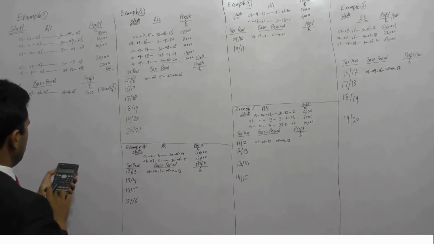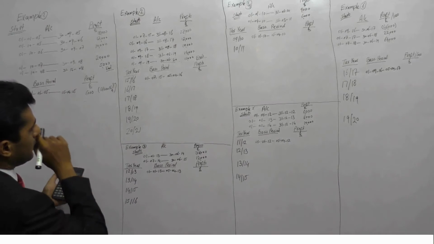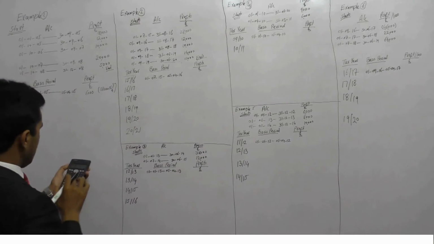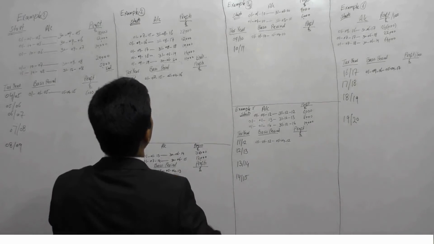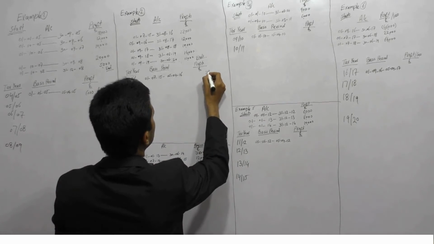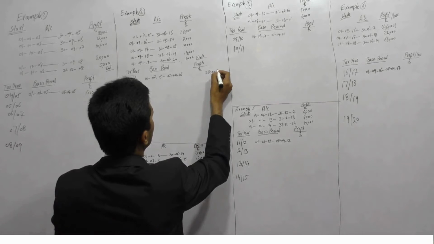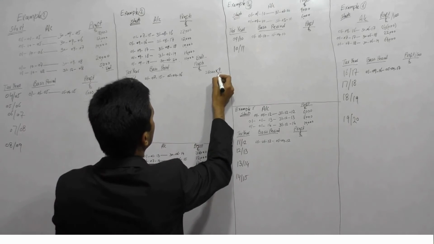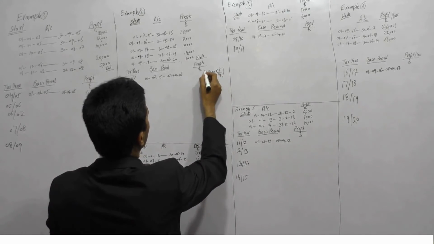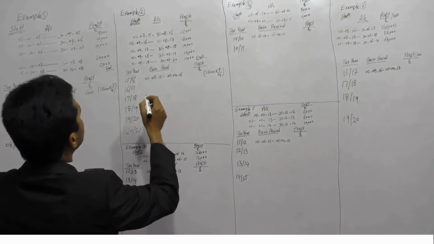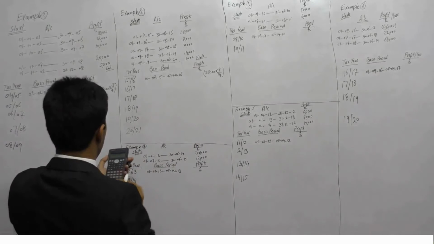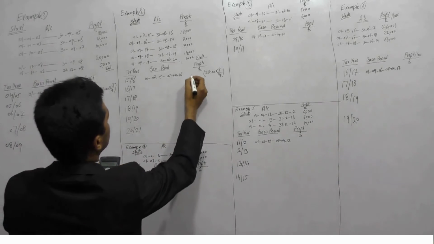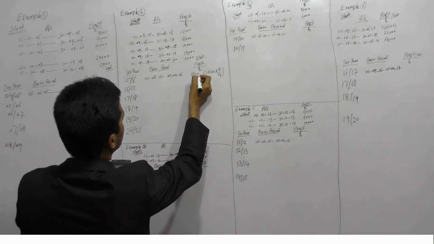So £28,000 into 9 over 14. £28,000 into 9 over 14, I think. Are these 14 months? Yep, they are. So whatever the total is, so it is £18,000.